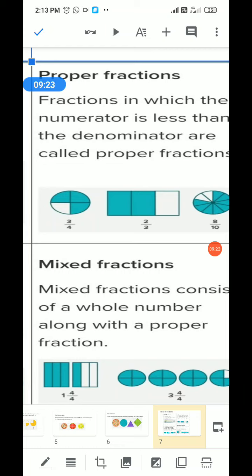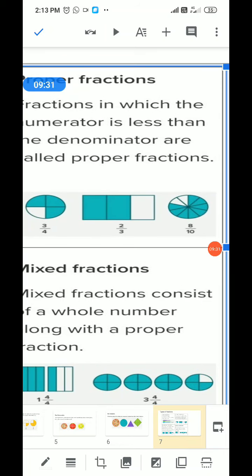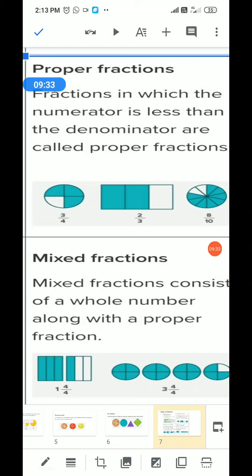Each square is equally divided into 3 equal parts. And the next one is circle. We have 4 circles. The circles are equally divided into 4 equal parts, so the total number of divided parts is 4, and all the 4 parts are shaded in 3 circles.